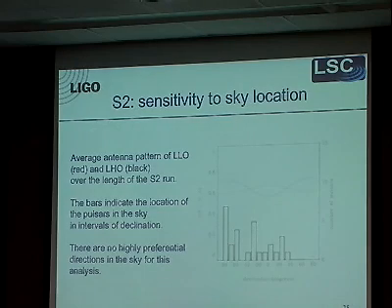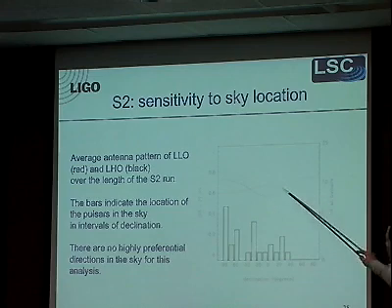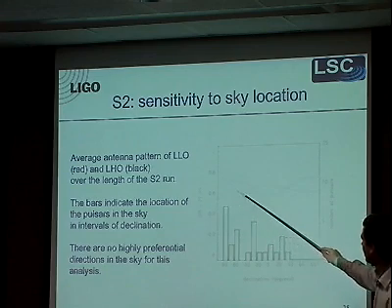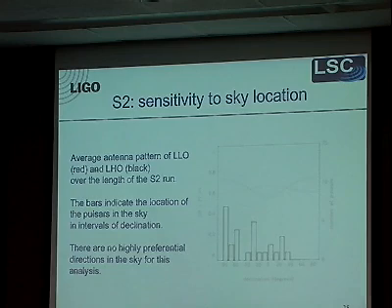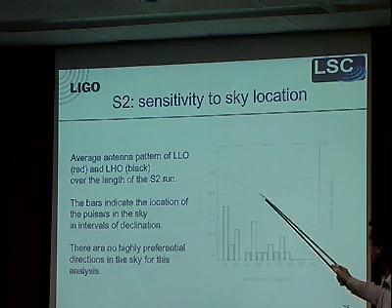This plot is just to show that there's no highly preferential direction in the sky for this analysis in terms of sensitivity. The red curve here shows the average antenna pattern for LLO, or Livingston Observatory, over the course of S2.